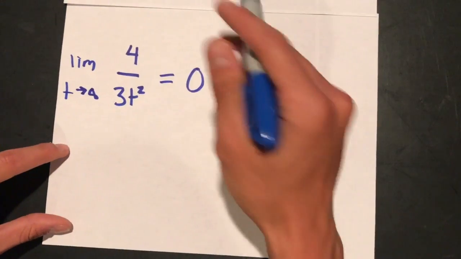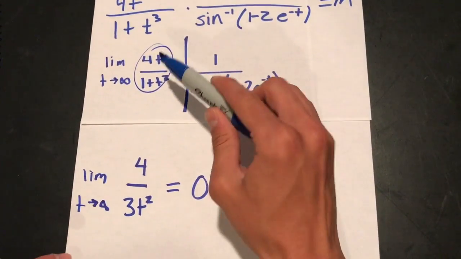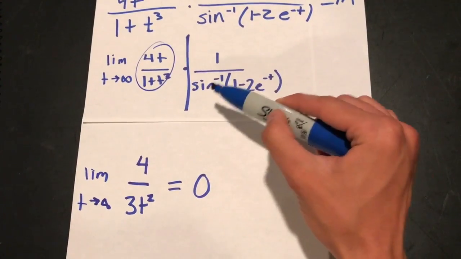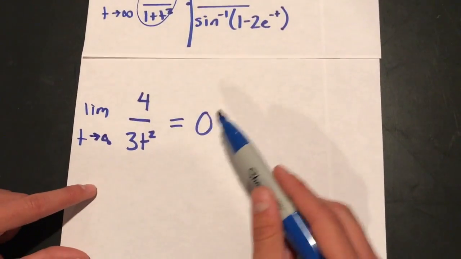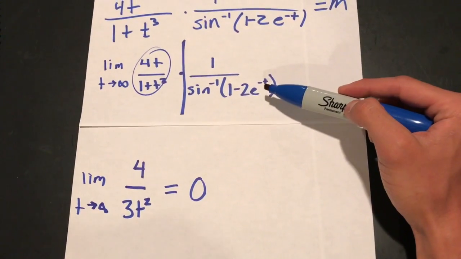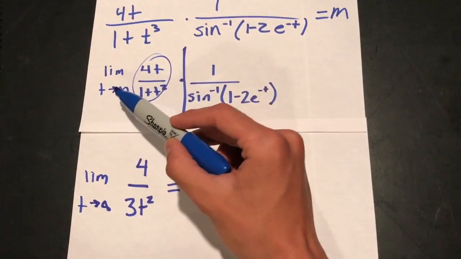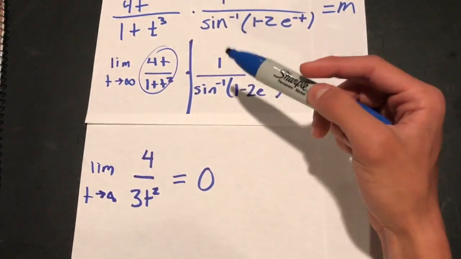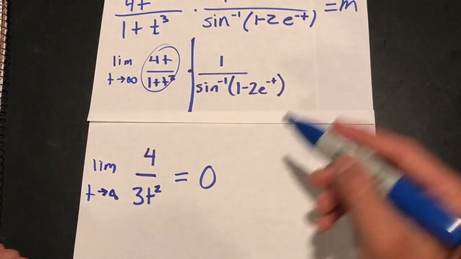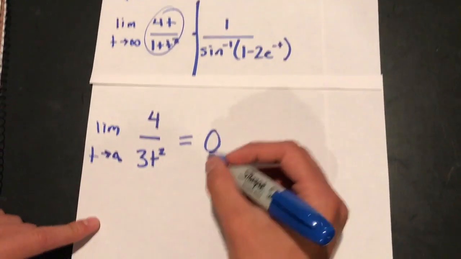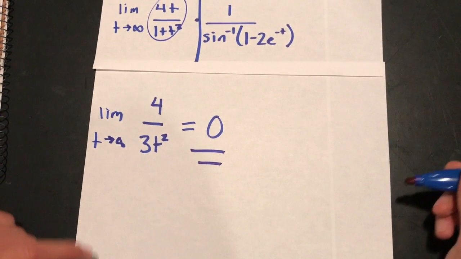Since this portion equals 0, and 0 multiplied by anything is still 0, we don't even need to evaluate the limit as t approaches infinity for the other half of the function. That is our answer: 0.